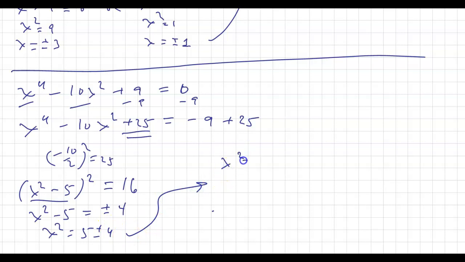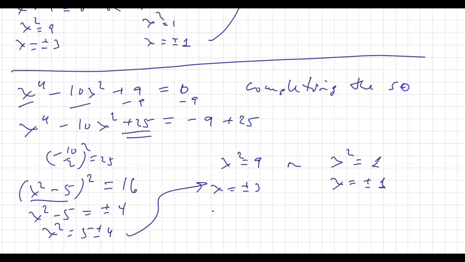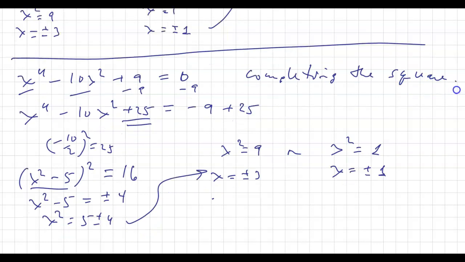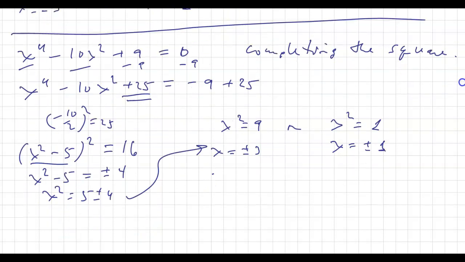That means x squared equals 9, or x squared equals 1, x equals plus or minus 3, x equals plus or minus 1. I just wanted to remind you about the completing the square process of solving quadratics, because it's going to be part of this lesson also.